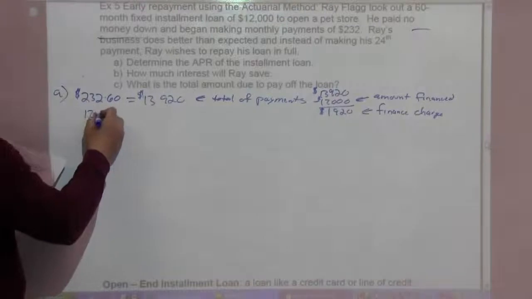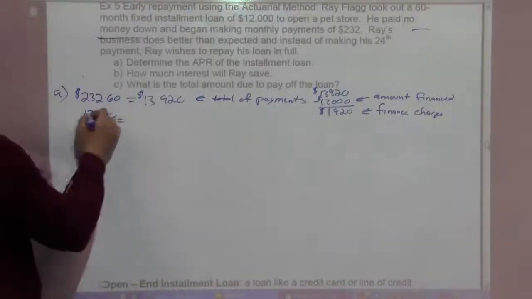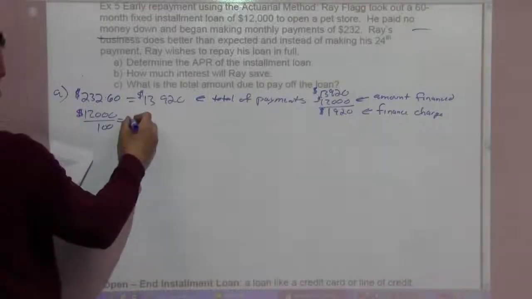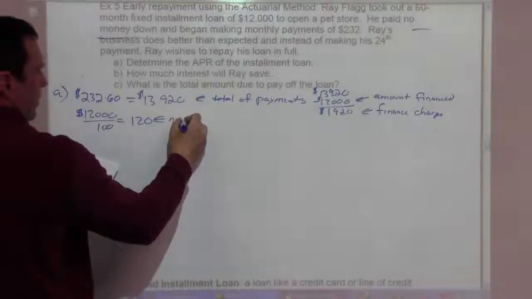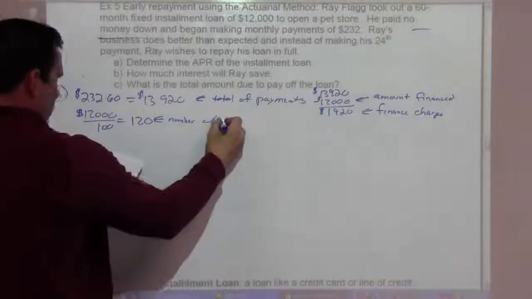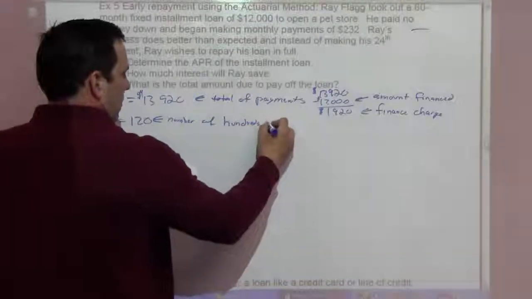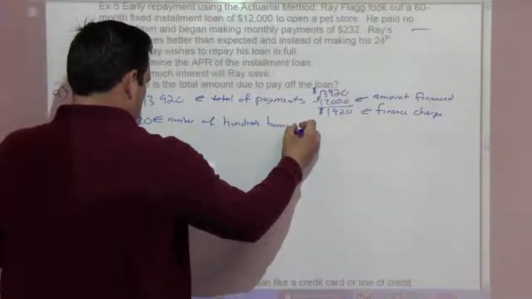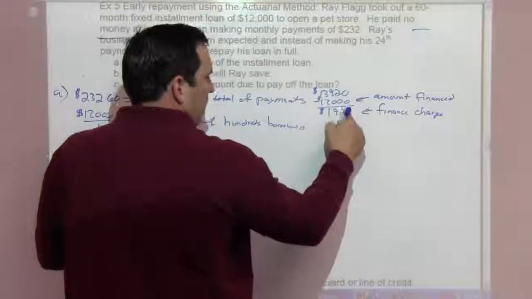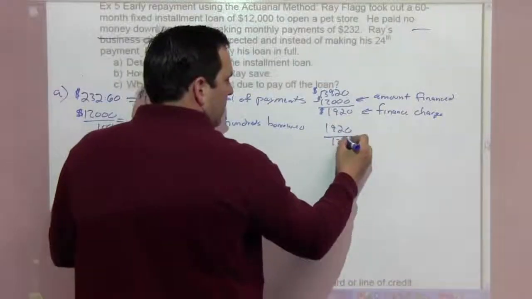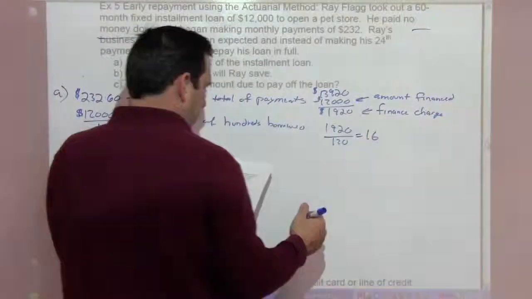If we take the 12,000, the amount financed, over 100 to find the hundreds that are borrowed, we get 120. This is the number of hundreds. If we take the 1,920 finance charge divided by the 120, the number of hundreds borrowed, we get 16.